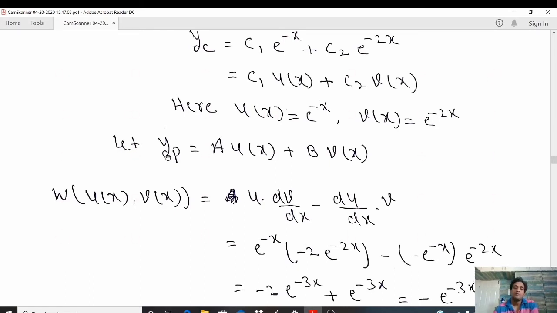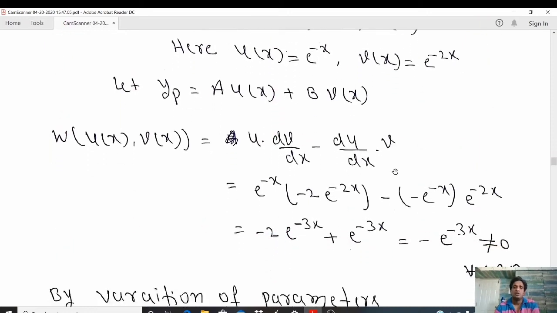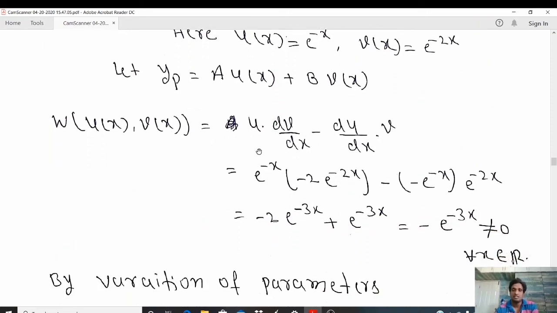So yp, we are assuming as a into u of x plus b into v of x. Now to find the a and b values, we need this value u into dv by dx minus du by dx into v, which is actually equal to the Wronskian of u and v.